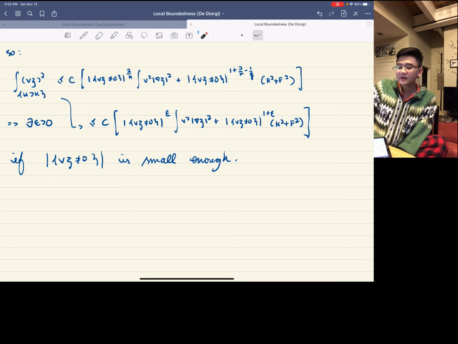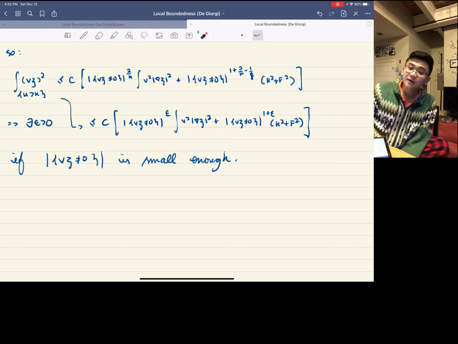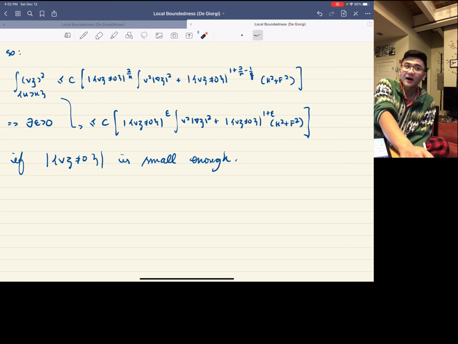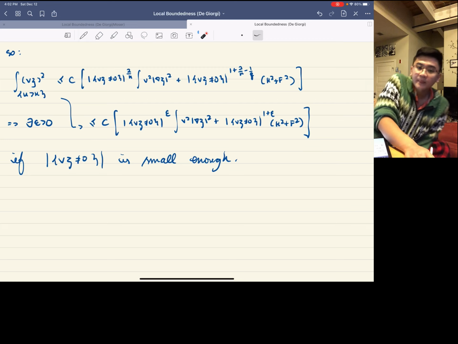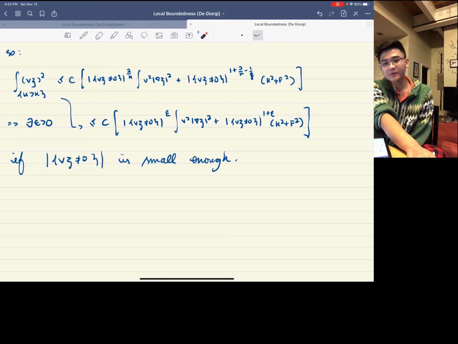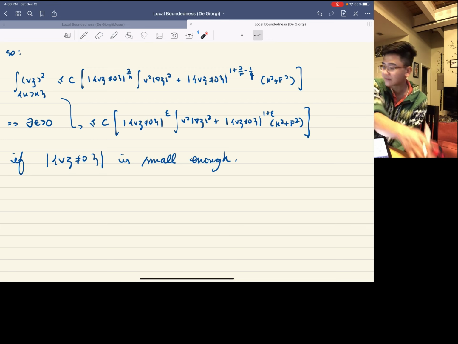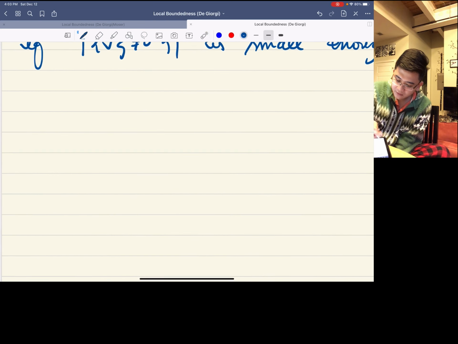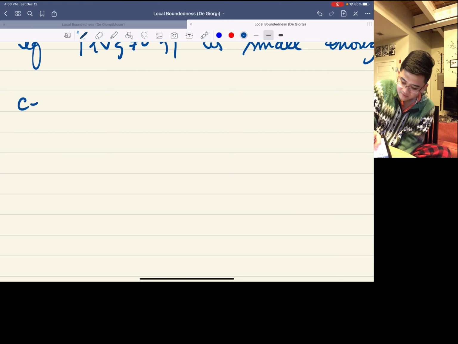In the literature, it's called a cutoff function. So far we've assumed that zeta is non-negative and less than 1. So now we're going to choose zeta so that we can say something about its gradient. So this is the choice of zeta.